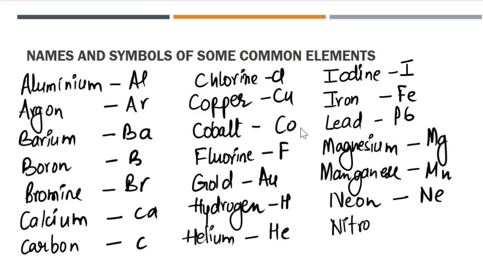Then cobalt is Co, fluorine is F, gold is Au from aurum, the Greek word used for gold. Then hydrogen is H, helium is He, iodine is I, iron is Fe from the word ferrum. Lead is plumbum. Magnesium Mg, manganese Mn, neon is Ne, and nitrogen is N.